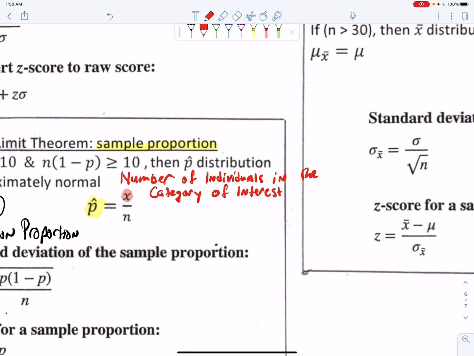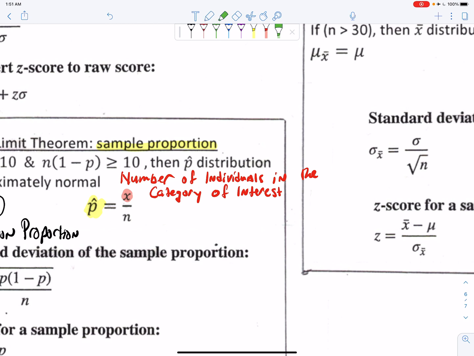So let's say I was doing a sample proportion and we did a simple random sample and it happened to be my class. That's not really a simple random sample, but anyways, let's say I pulled my class and asked them, how many of you wear glasses? And so X would be the number of individuals in the category of interest, the number of individuals that wear glasses.